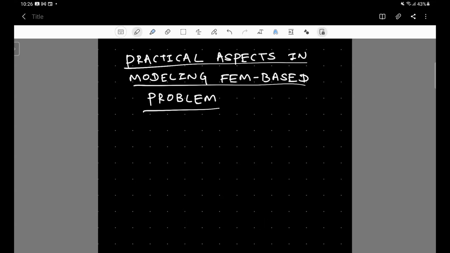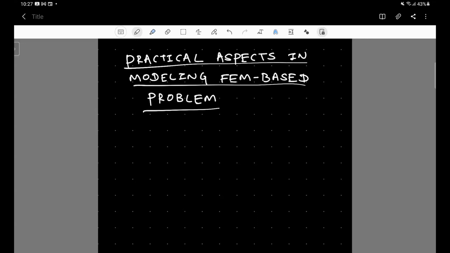Especially when we are trying to tackle finite element based problems, there are certain general recommendations with respect to, let's say, mesh size, whether the mesh should be locally refined or not, and how the mesh should be when there are, let's say, concentrated loads and where there's an uneven distribution of the material properties.